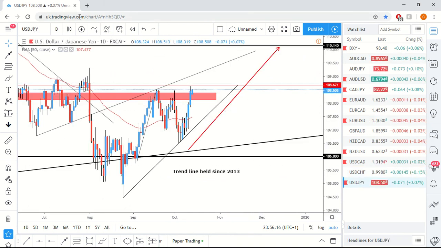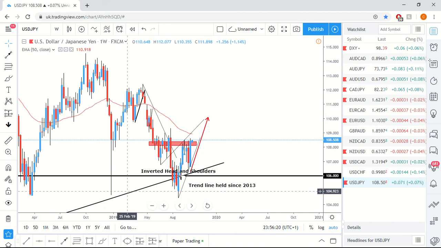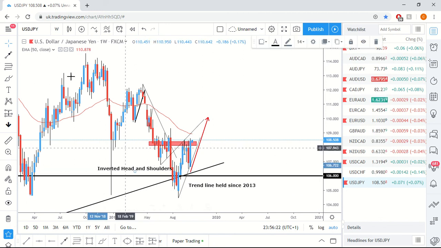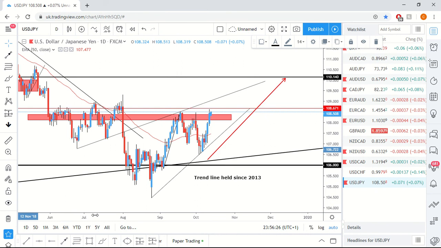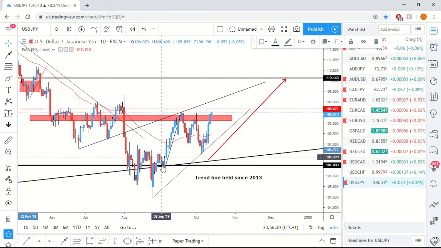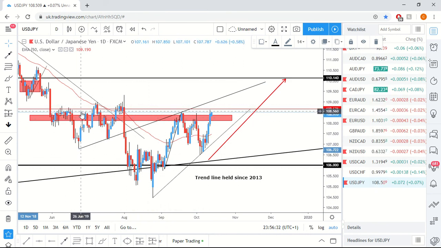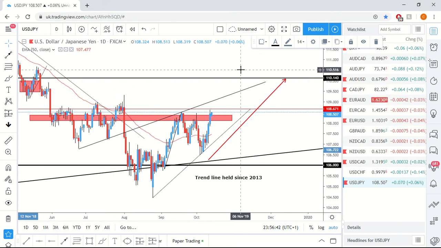And then USDJPY. If we go out, we can actually see there's an inverted head and shoulders. If we go back on the daily, we have left shoulder and head, or sort of double bottom, and then right shoulder, and I'm expecting price will make a break higher.